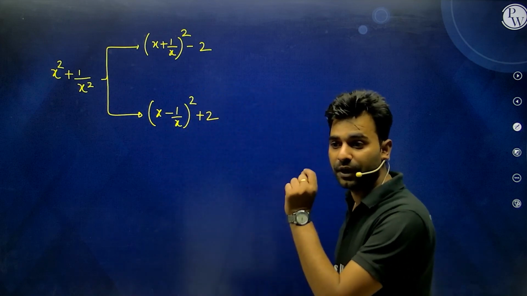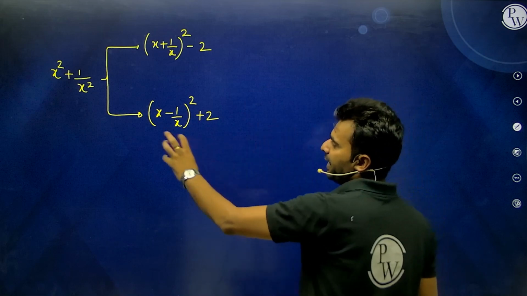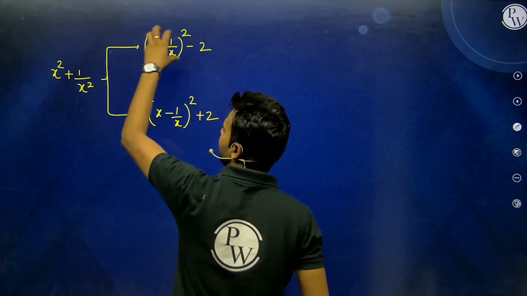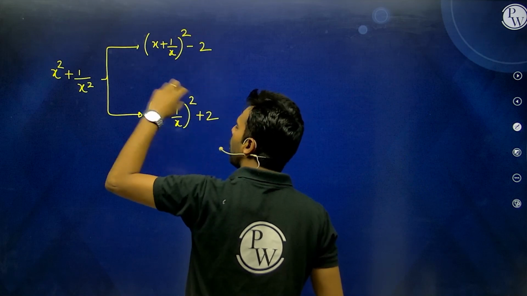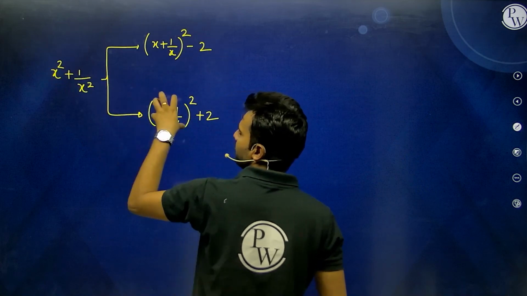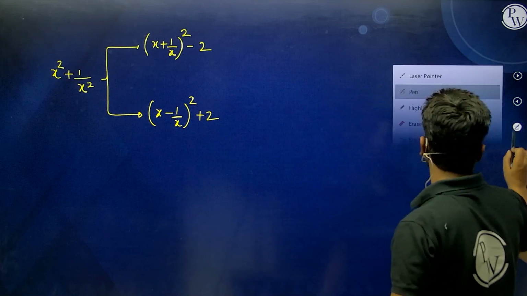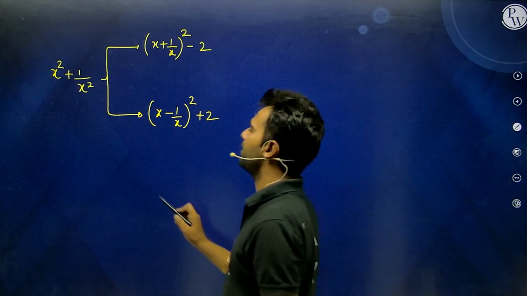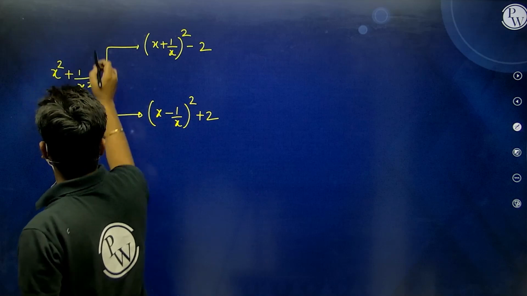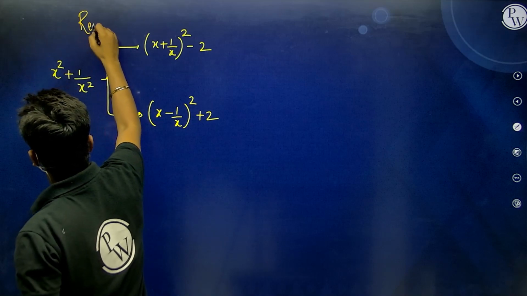So we must remember these two things. Depending upon the question's demand, we will write this particular thing like this or like this. This is a very important thing that we should remember.